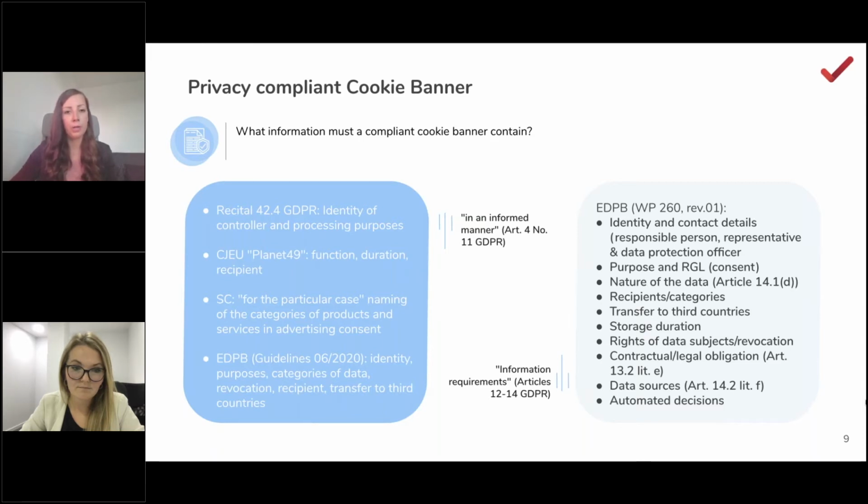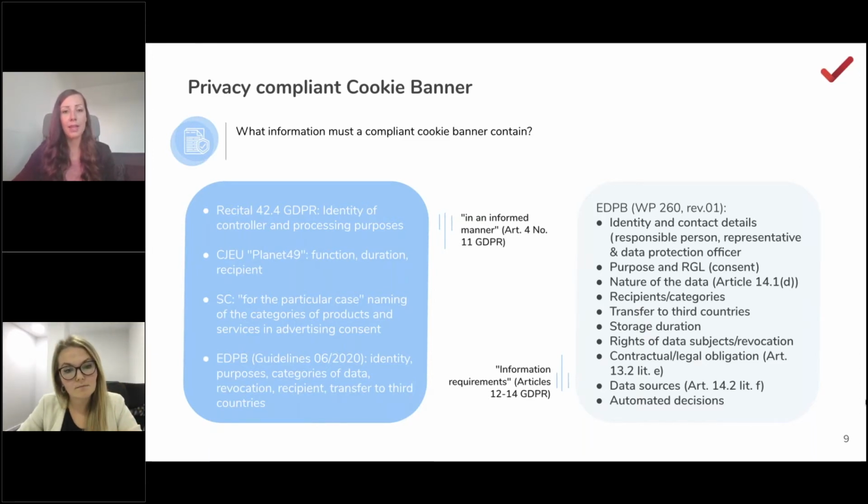So it's very important that you also update it, and you have to name the categories of the products and services in the advertising consent. I think here it already gets really complicated. For a small business with a small website, naming all of these requirements, I find honestly almost impossible.